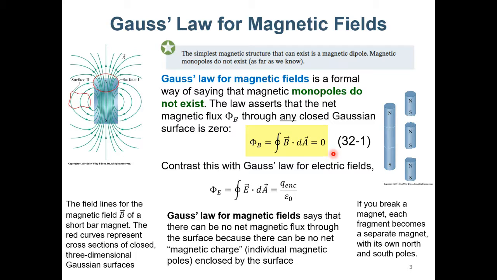And the right side is simpler, it is actually zero, because as I mentioned before, there is no magnetic monopole. So you cannot say there is a net magnetic charge in the closed surface.